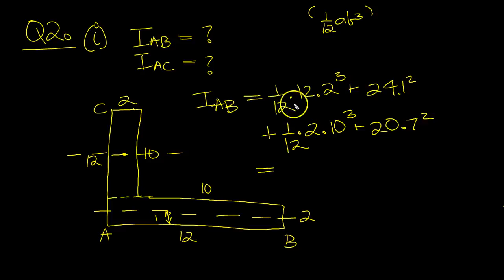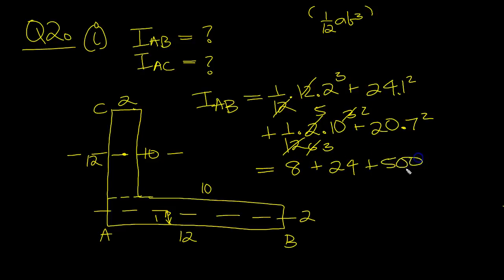So what do we end up with then? 8, 24, 6, 3, 500 over 3, plus 49, 98 tens is 980.